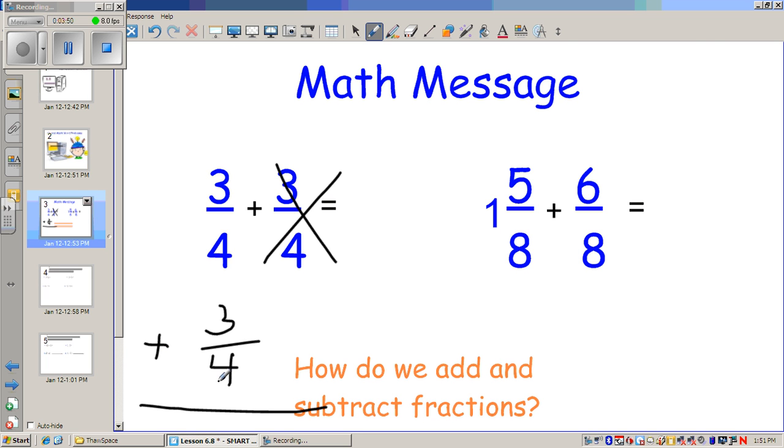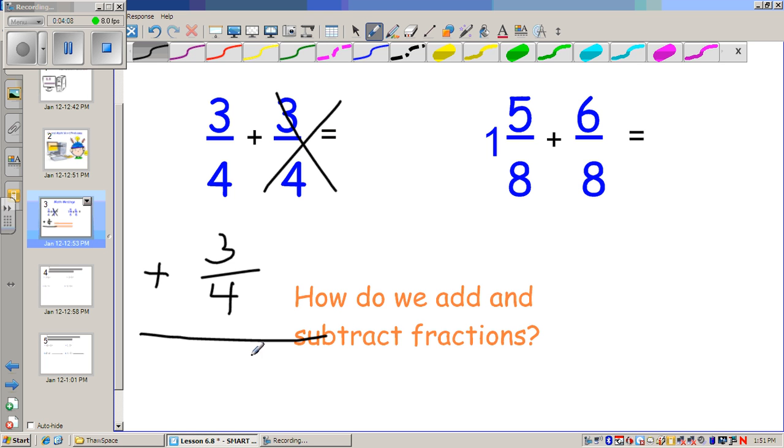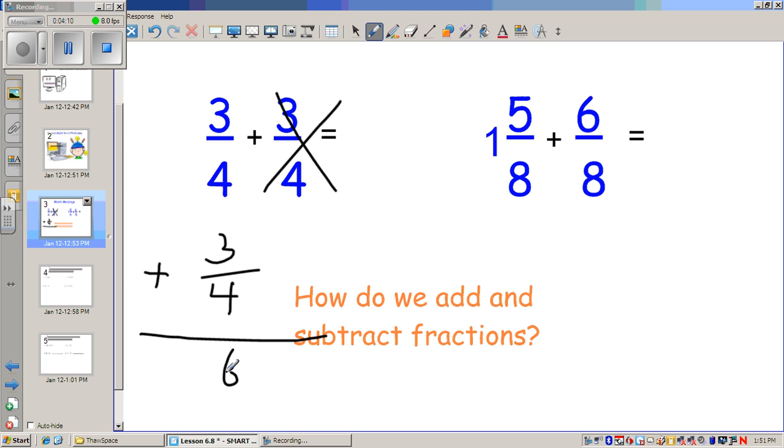So now I'm going to click off of it for just a second because I want to scroll down. I can go ahead and add them together because I know that my bottom number is the same. And so I know that 3 plus 3 is 6, so I'm going to have 6/4. Now the problem with 6/4 is that it is an improper fraction, and hopefully you know that.